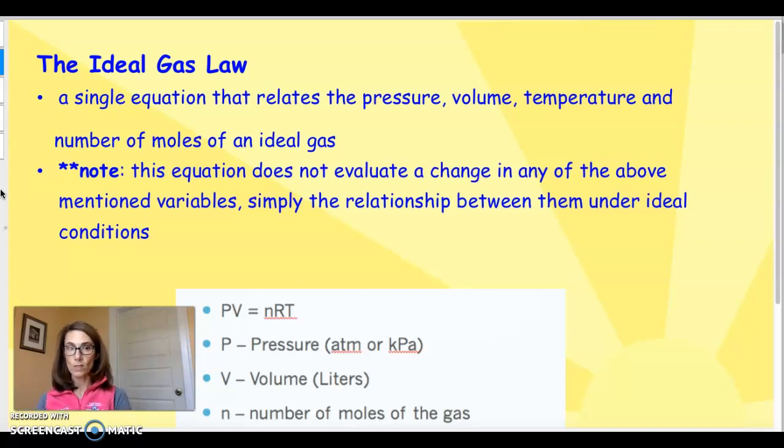We call those real gases. And real gases tend to be those gases that are under either really high pressure or really low temperatures where those molecules kind of get closer together. So most of the gases that we're going to discuss and do calculations for in this chapter are ideal gases.